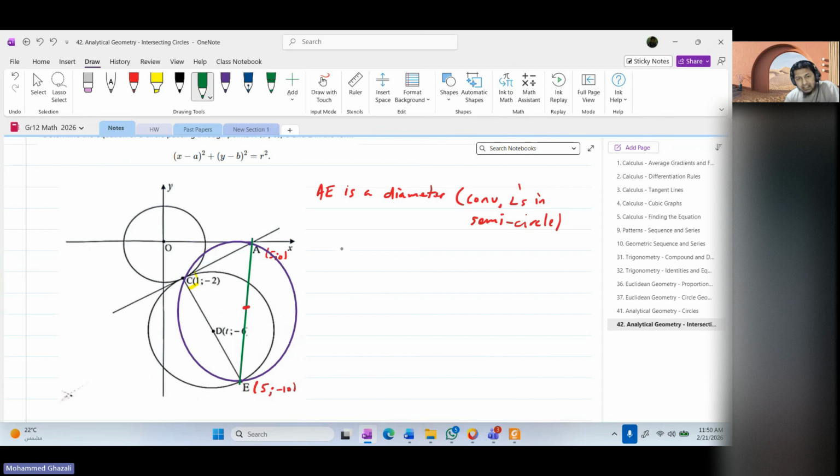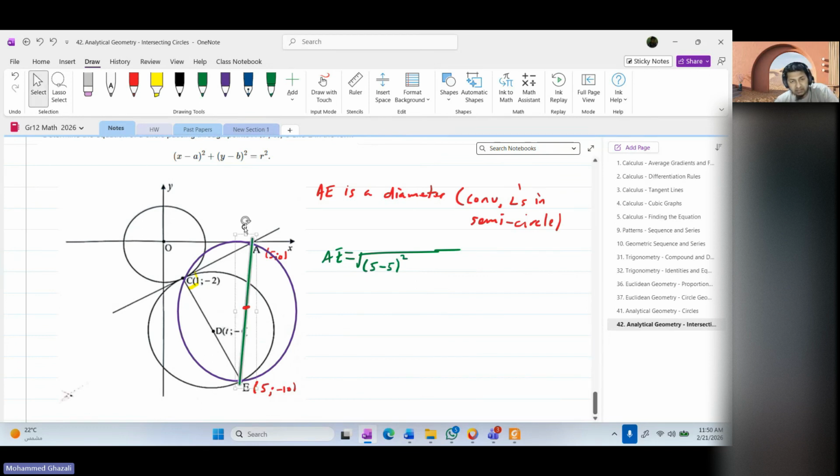So we say AE is equal to 5 minus 5. Oh, by the way, that was just a vertical line. I don't know why I drew it slanted.